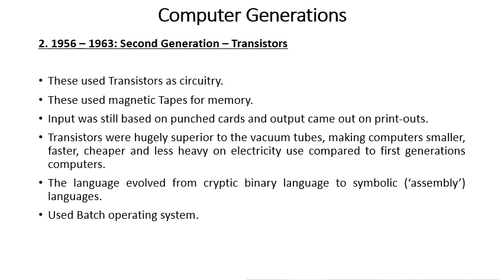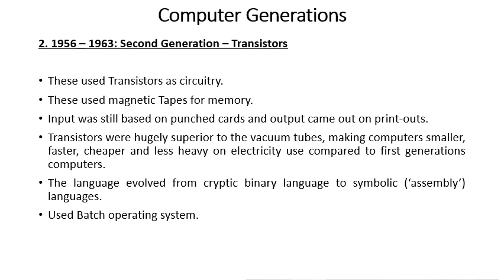So at the end of the day, suppose programmers see there are 10 addition programs, 20 subtraction programs. So programmer will take all the addition programs, he will make the hardware changes and will run all the addition programs in the same way, and then he will make the next necessary changes, and then he will run all subtraction programs and will take the output. So this is called batch operating system.